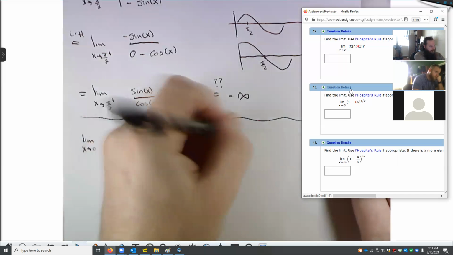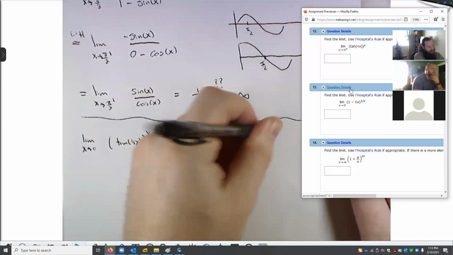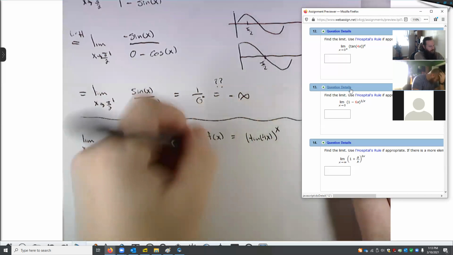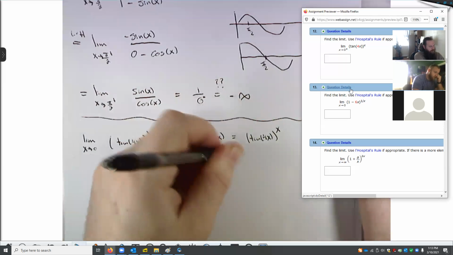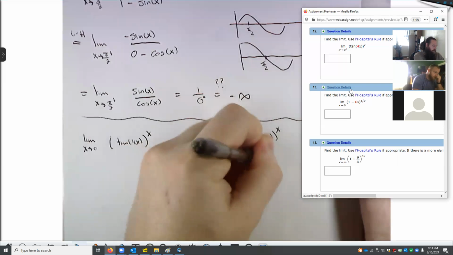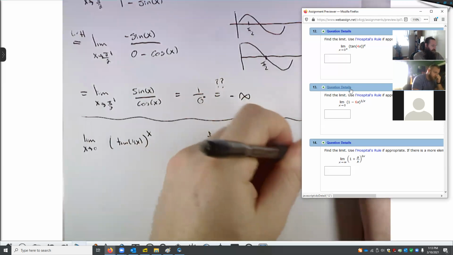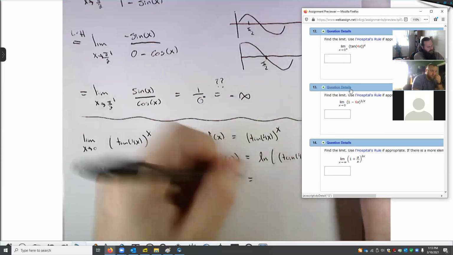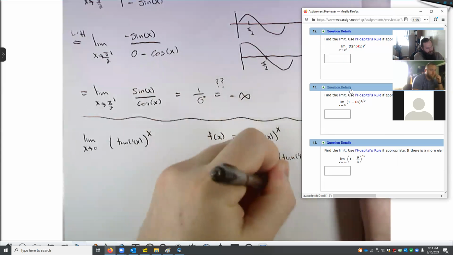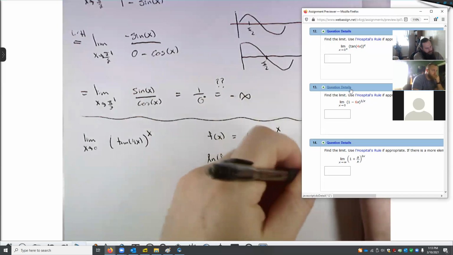All right, well, let me get caught up with you then. I'll say f of x is my function here, tan 4x all to the x, so that the natural log of f of x is the natural log of tan 4x all to the x, which is x times the natural log of tan 4x.